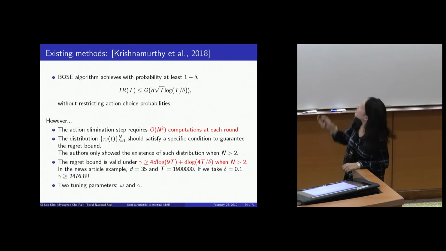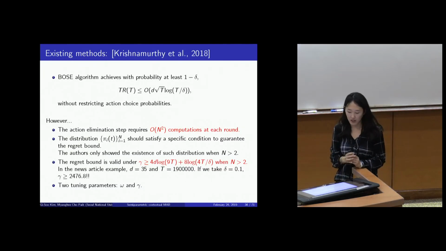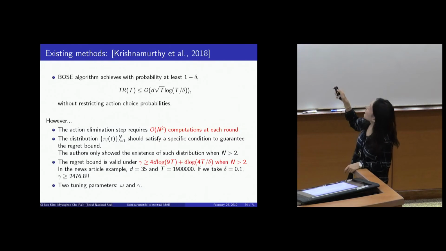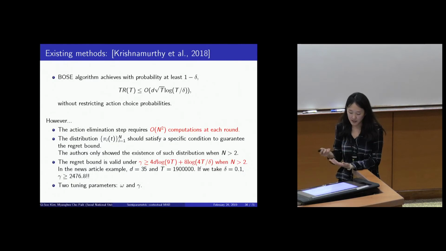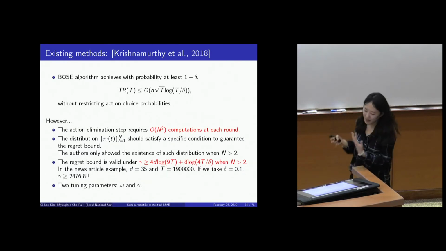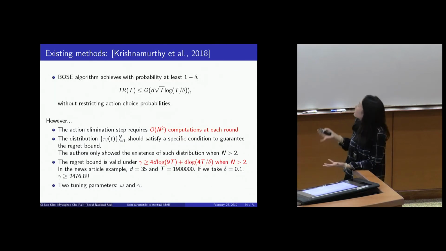And the distribution pi should satisfy a specific condition to guarantee the above regret bound. However, the authors only show that there exists such a pi, but they did not provide the solution for that condition when the number of actions is greater than 2.